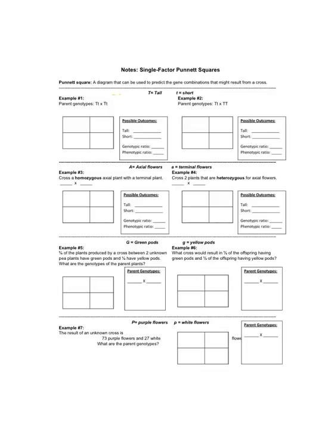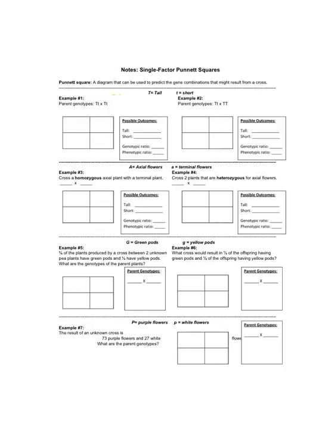In the first problem here, these are the parents' genotypes. The way you fill these squares out is that the parents' genotypes go on the outside of the square, on the top and the left side. The offspring genotypes will be within the square after you work out the problems.